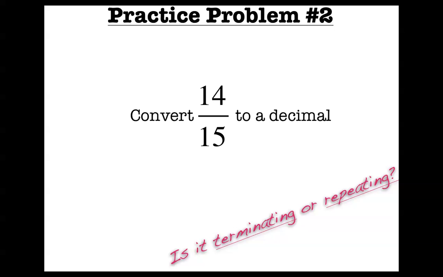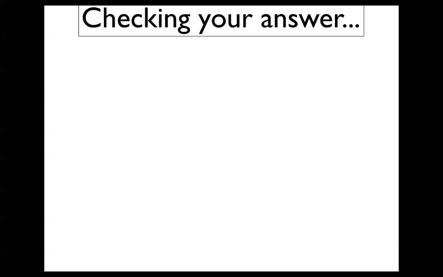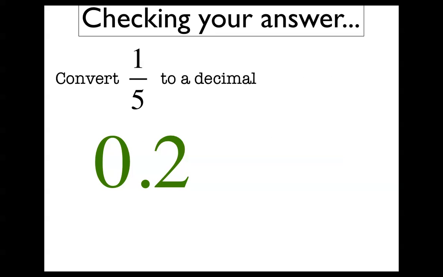I only have one more thing to tell you, and it is there's a way you can check your answers on these to make sure that you've done it right. And I want to use our first example problem where we converted 1/5 into 0.2. Remember yesterday's lesson when we converted decimals into fractions, we would take 0.2 and we would say that's 2/10.